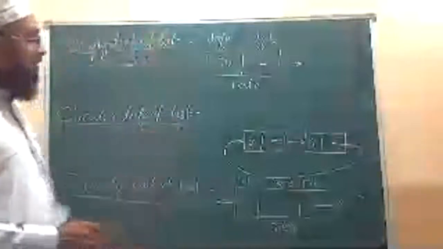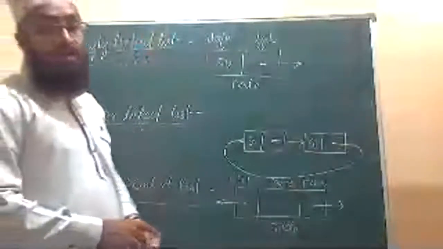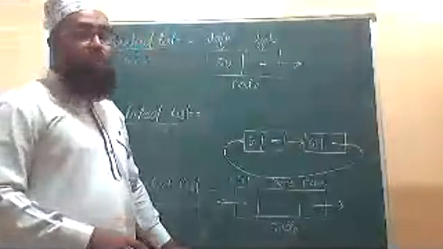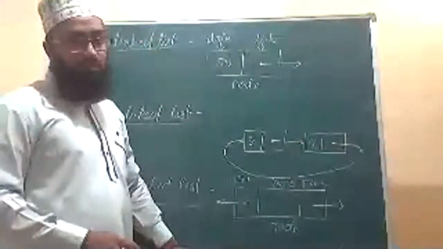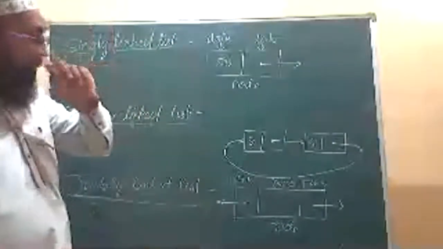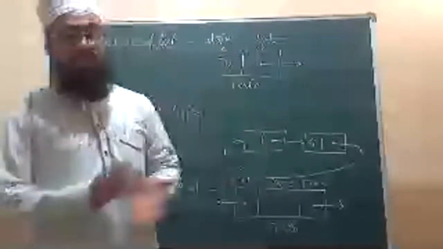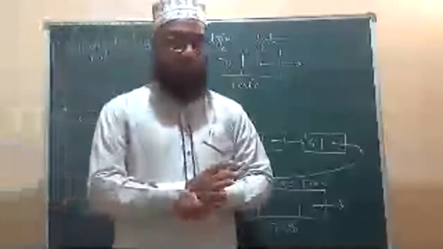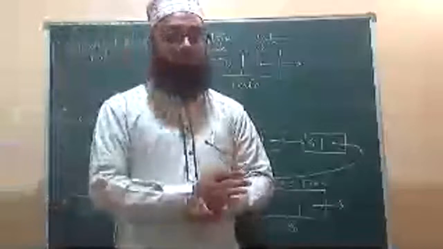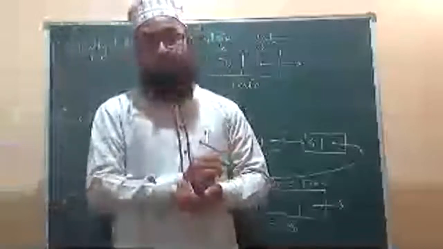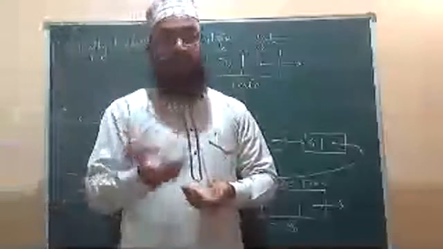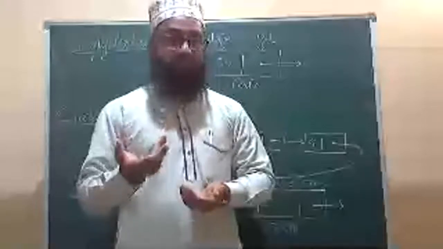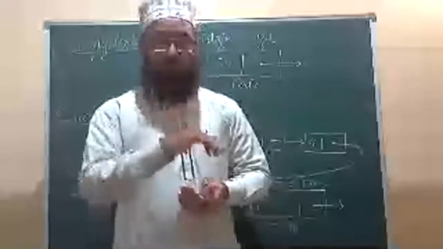So these are the types of linked list. Hope you have understood linked lists and their types. In our next class we shall discuss the operations on linked lists, such as traversing, insertion, deletion, and many more.